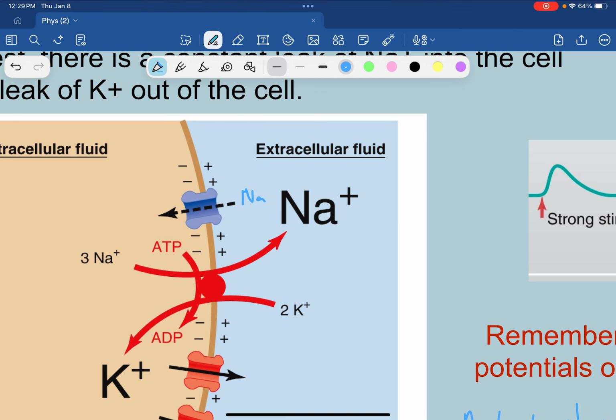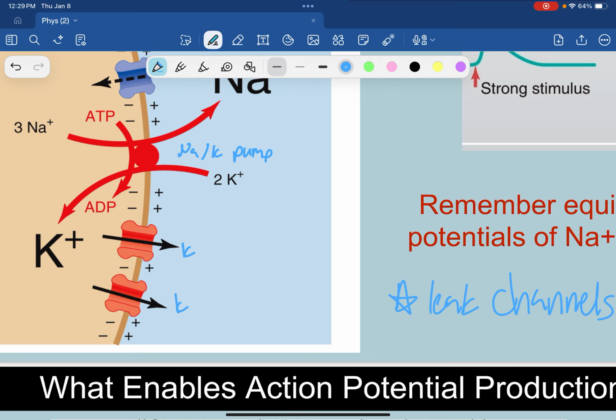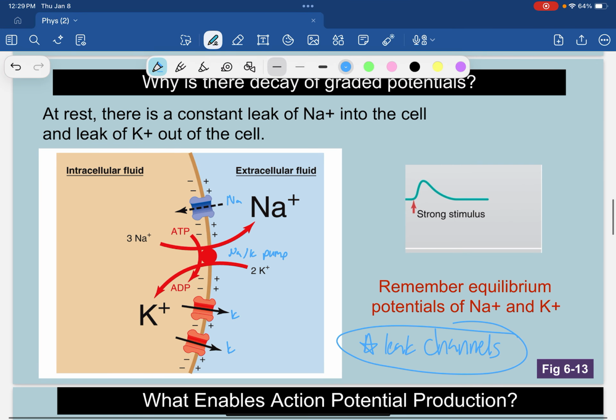As it goes along, it decays because of those leak channels. And obviously, as you move down the membrane, you're going to encounter more and more leak channels, making it resume back to that resting membrane potential.